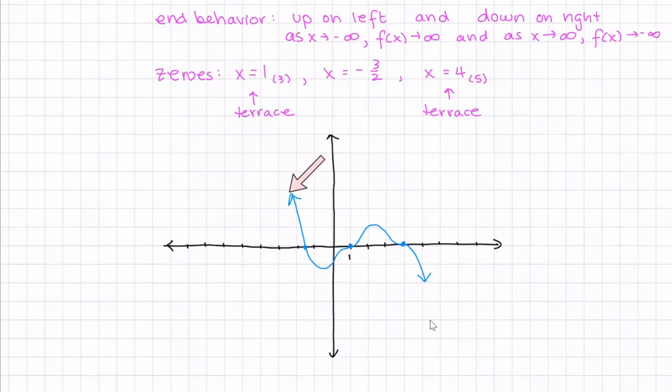So I start from up here, go straight through, turn around somewhere, I don't know where, flatten out for a brief moment, flatten out for a brief moment, and continue down. So any questions at all how I got this one? Remember, I'm not going to worry about how high or low these turning points are.